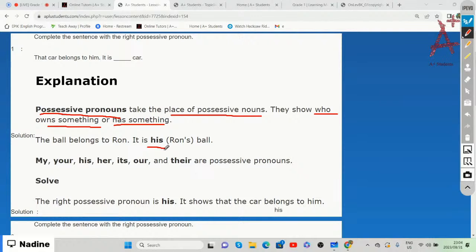So his is a possessive pronoun that shows who owns something or who has something. We already know that it is Ron's. But now instead of repeating Ron all the time, we can say it is his ball or it is his toy or it is his game, right?